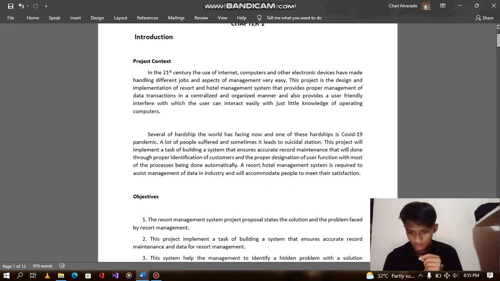This project will implement a task of building a system that ensures accurate record maintenance that will be done through proper identification of customers and the proper designation of user function, with most of the processes being done automatically. Our resort hotel management system is required to assist management of data in the industry and will accommodate people to meet their satisfaction.